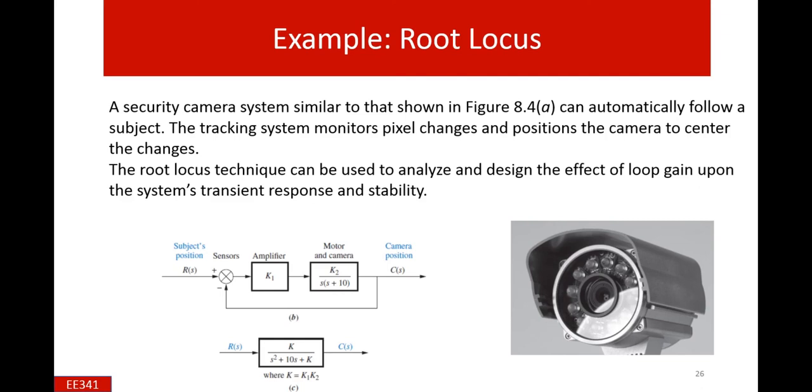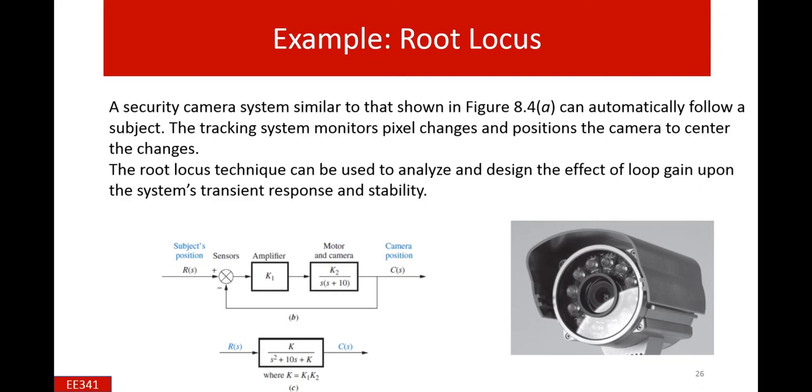It can automatically follow an object, and the tracking system monitors the pixels and the position of the camera relative to the center. Root locus techniques can be used to analyze and design the effect of loop gain on the system's transient response and stability.